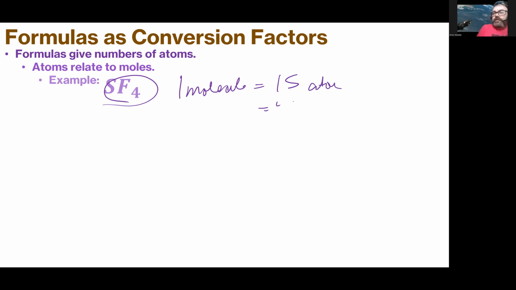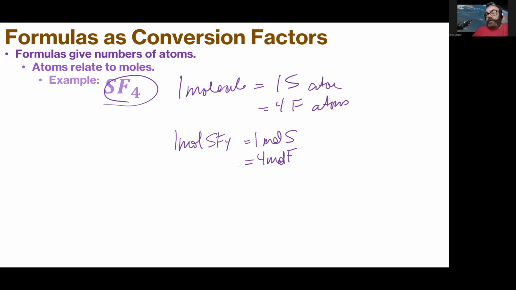It's also going to have 4 fluorine atoms, because that's what our numbers there tell us. We can also do this in terms of moles. So we could say 1 mole of SF4 has 1 mole of sulfur, and it has 4 moles of fluorine. We can use these coefficients to tag in and try to figure out some stuff. This works with any formula you want to do.